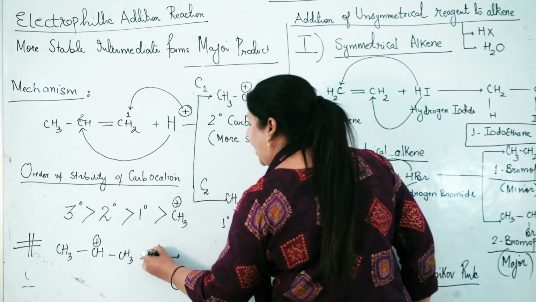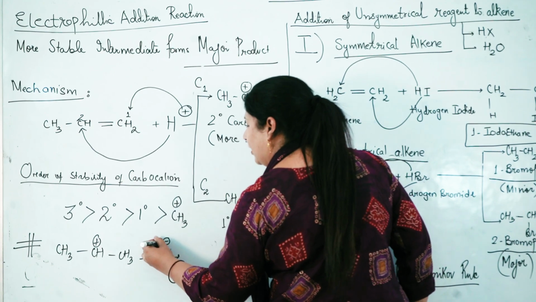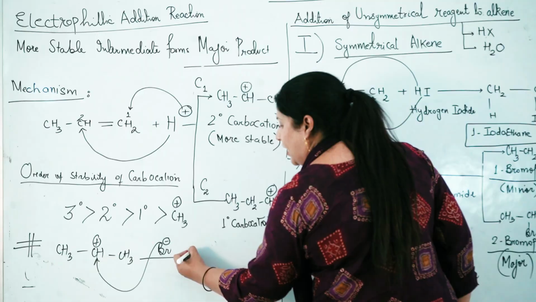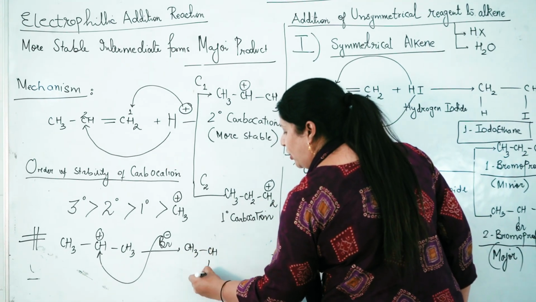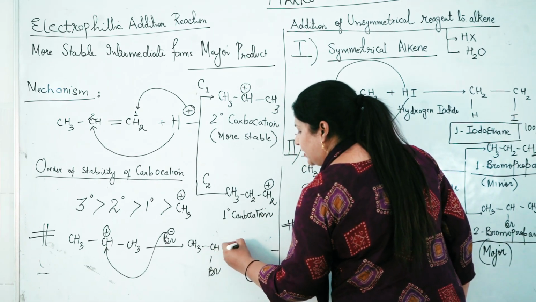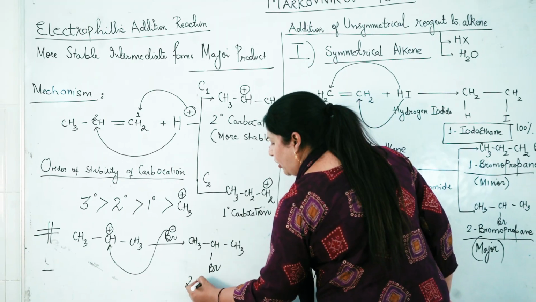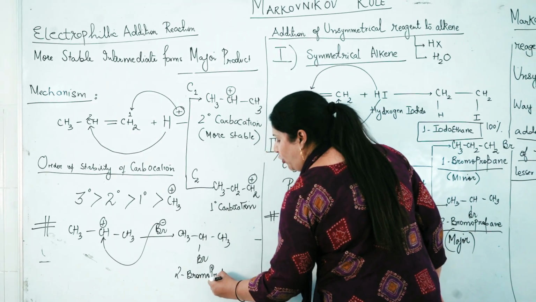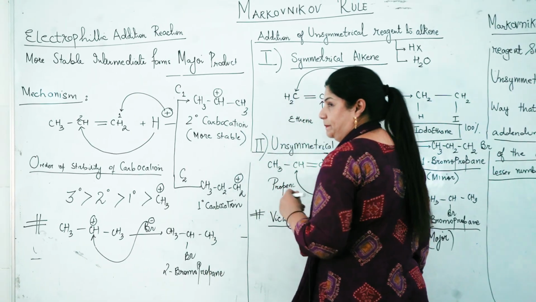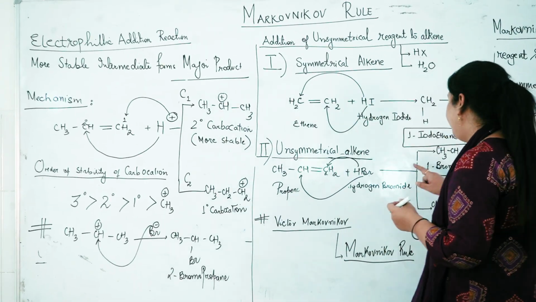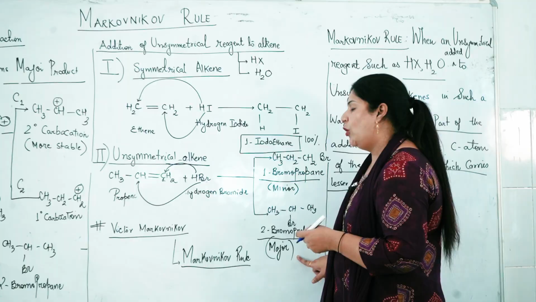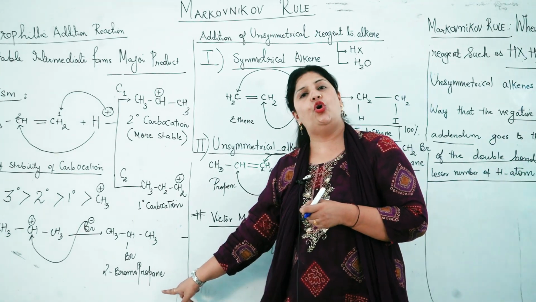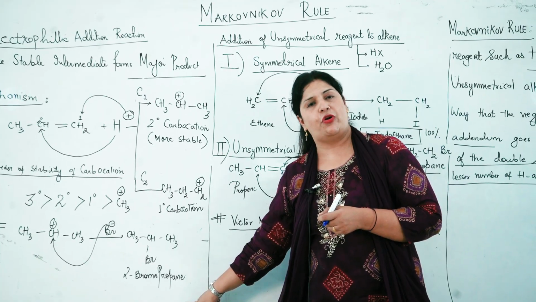The negative part of the addendum will move to that carbon atom which is having lesser number of hydrogen atom, resulting into the formation of major product, that is 2-bromopropane. The rule says that 2-bromopropane is the major product. The mechanism says that 2-bromopropane is the major product.